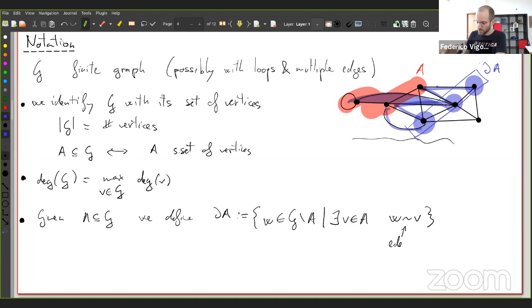Depending on what you're looking at, there are instances where it is more convenient to have the boundary be the edges. But for this mini course, I decided to go for vertices. Thank you for the question. So let's go. This is the vertex boundary.